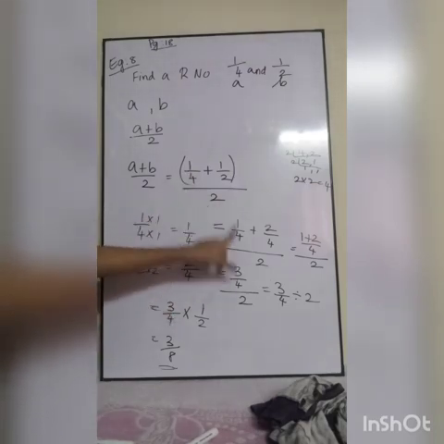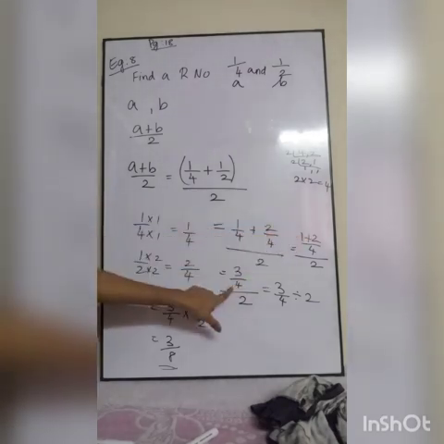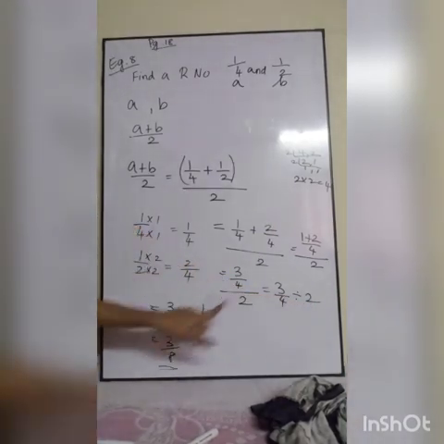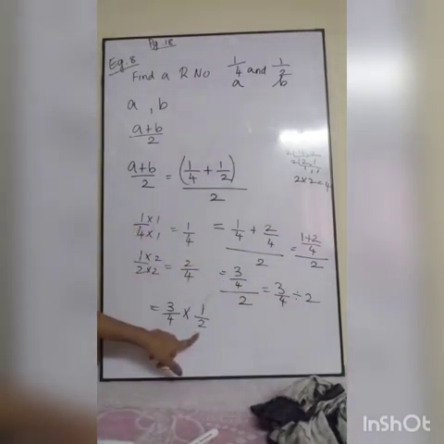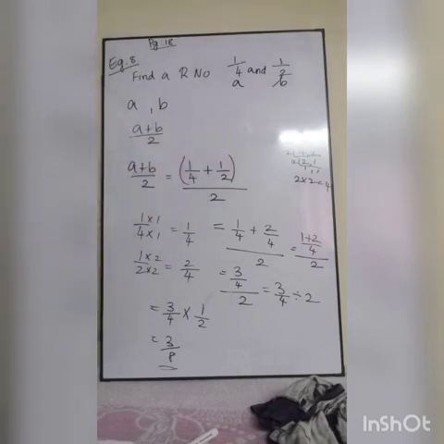Now 1 plus 2 is 3 by 4, whole divided by 2. What is the meaning here? 3 by 4 divided by 2, right? So this division becomes multiplication, and 2 becomes 1 by 2. You know this already, right? 3 into 1 is 3, 4 into 2 is 8. So this is the rational number between these two rational numbers.